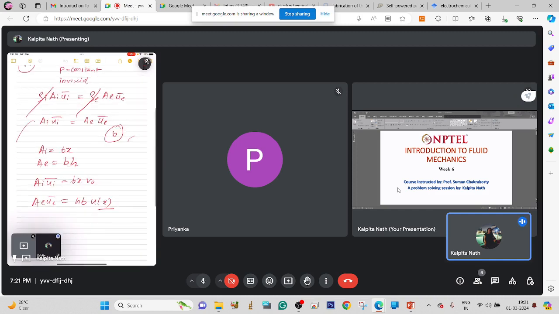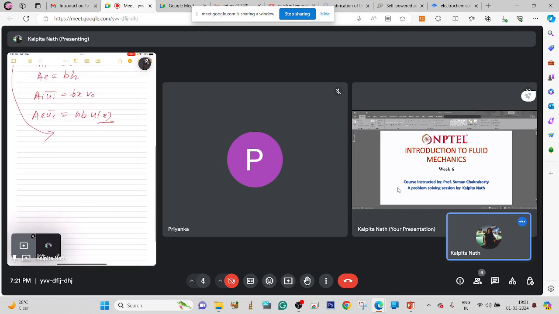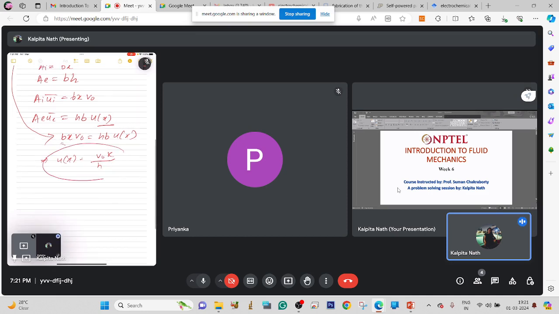As per this equation, Bx V naught is equal to hB ux. From here we get the equation of ux, simple. It will be V naught x upon h. This is the x component of velocity.